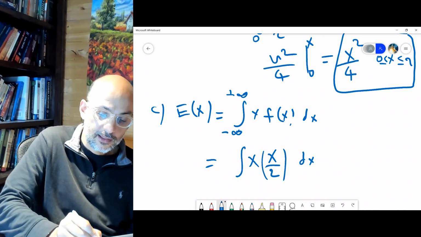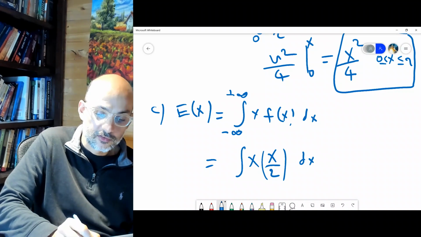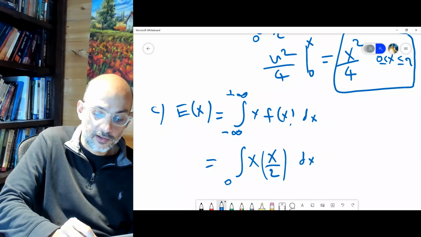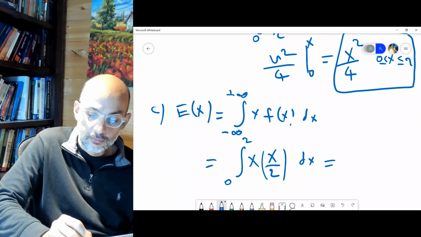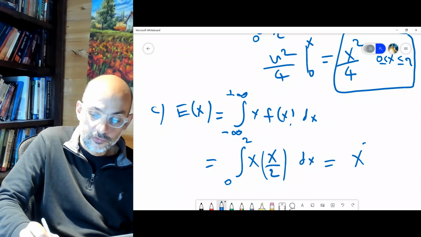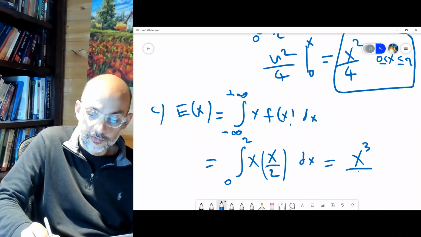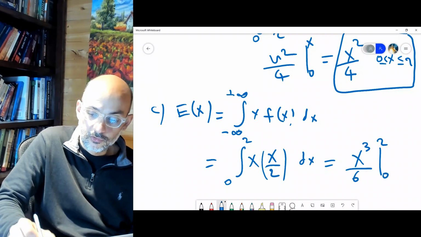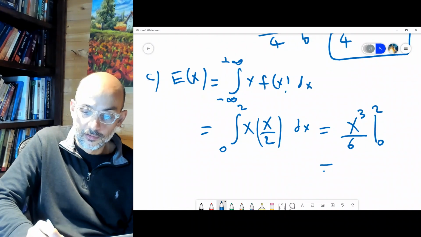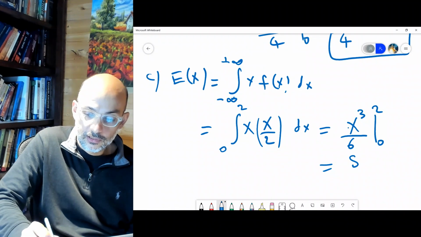But remember that our domain is not from negative to positive infinity, it's actually from 0 to 2. So this will be x squared divided by 2, so it will be x cubed over 6 from 0 to 2. If you do that, 2 cubed is 8 divided by 6, or you can simplify it to 4 over 3.